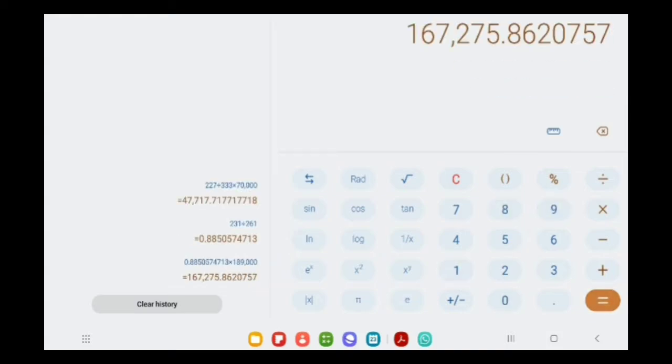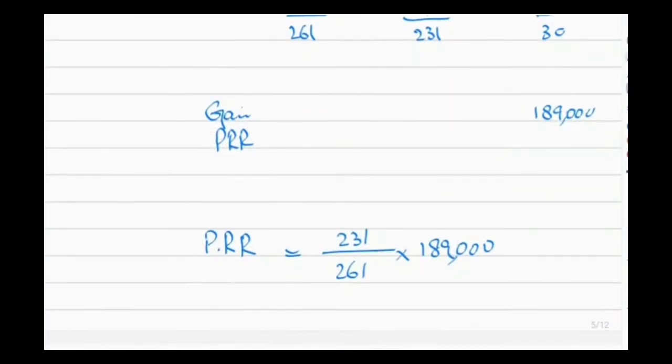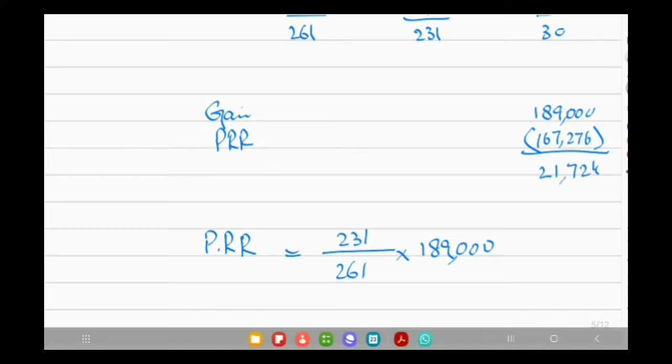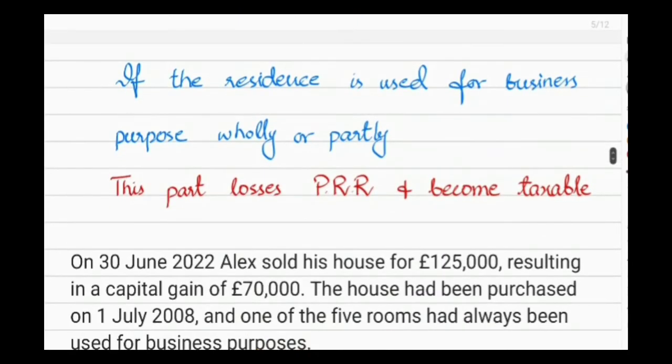So it is 1,67,276. This is the gain on which PRR relief is to be claimed. So deducting it, 21,724 is the chargeable gain now, right?